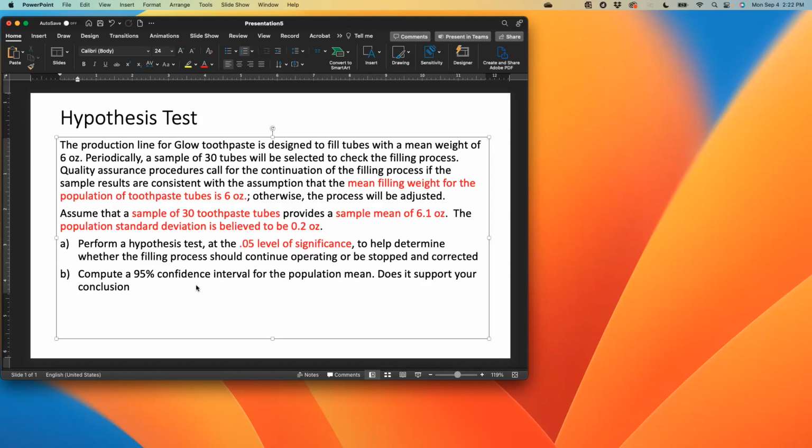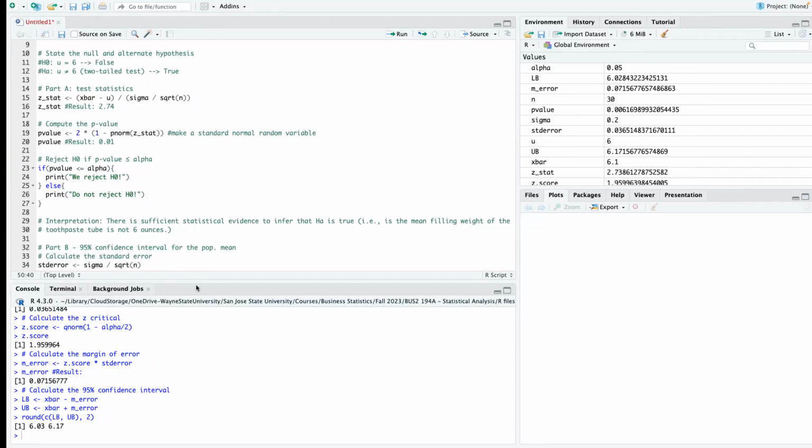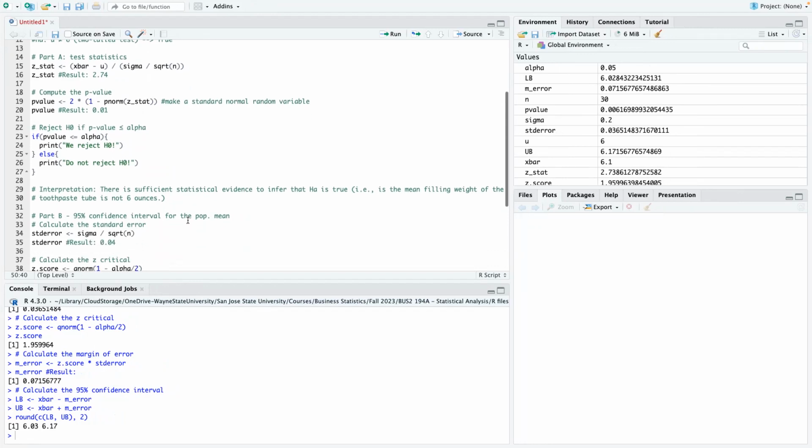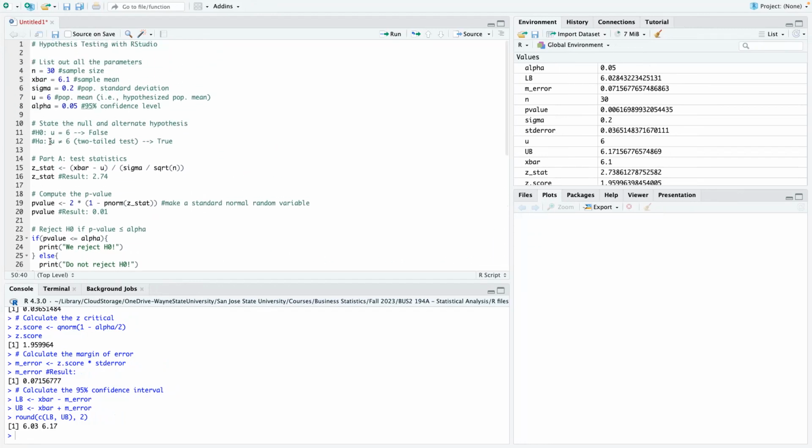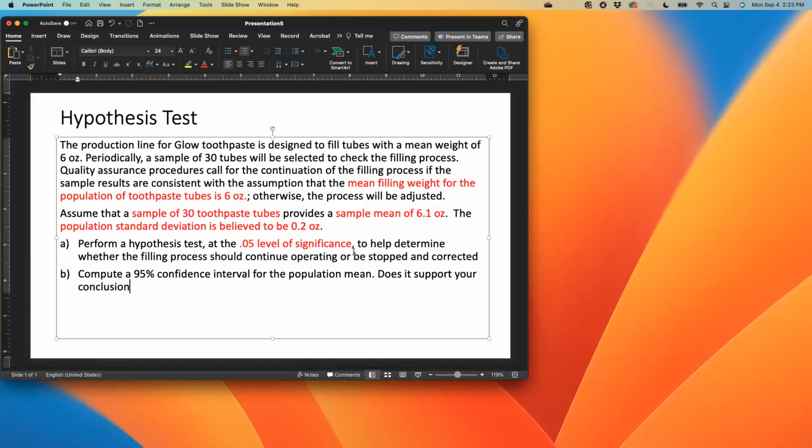All right, so just to provide that final business conclusion, right? Since we stated that there is sufficient statistical evidence to infer that HA is true, which means that the population mean filling weight is not equal to 6. And remember here, it says to help determine whether the filling process should continue operating or be stopped and corrected, right? So we would be recommending to this manufacturing company that their filling process should be stopped, right?